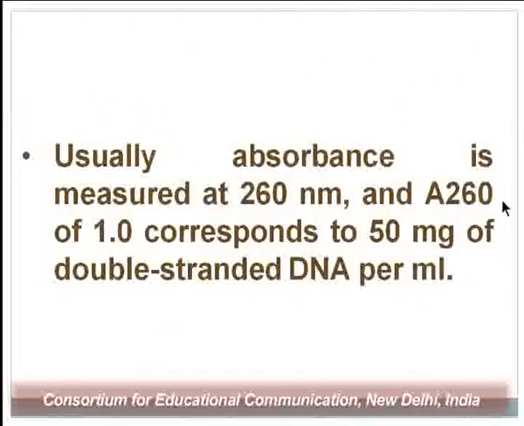As I said, the absorbance is usually measured at 260 nanometer, and an absorbance of 1 at 260 nanometer corresponds to 50 micrograms of double-stranded DNA per ml. So we can correlate and find out the concentration of double-stranded DNA per ml in any sample in which we have isolated the DNA.